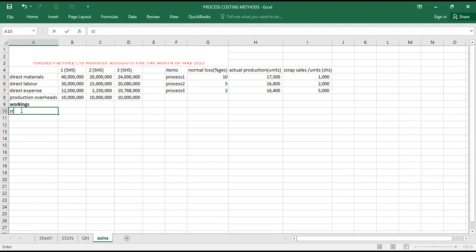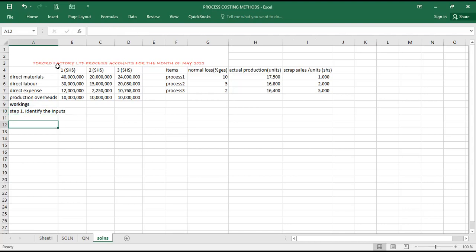Let me just use the words. I say step 1, we identify the inputs, what we've put in the system.